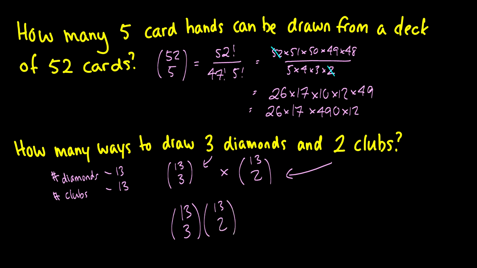And I'm going to mention right off the bat, this is not the same as 13 choose 5. That is not the same. This is not how combination multiplication works. So do not make this mistake. There is a very interesting way, which I'm going to show you in a second, how we can do addition with combinations. But that's about as far as you can go without proving some really weird and difficult theorems, which hopefully you'll get to do in your course.